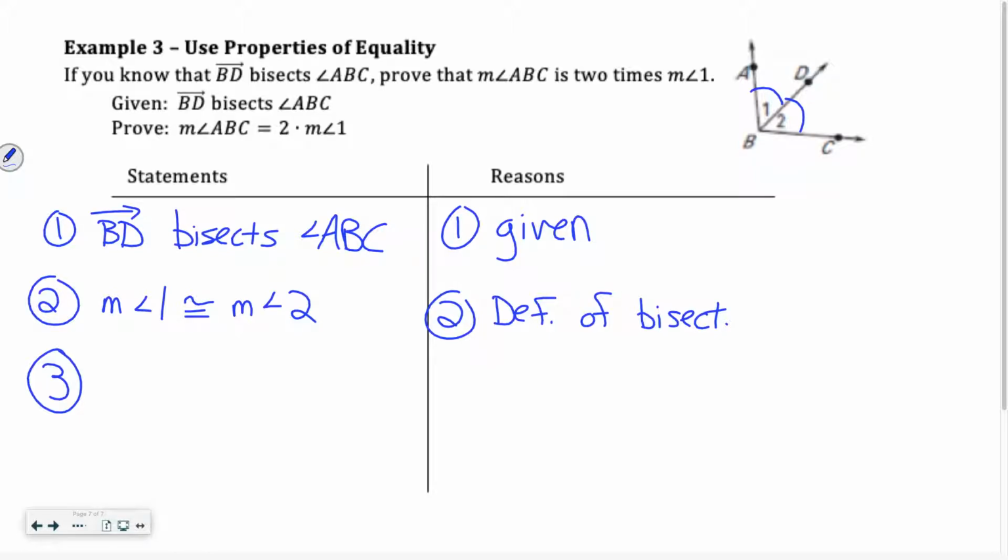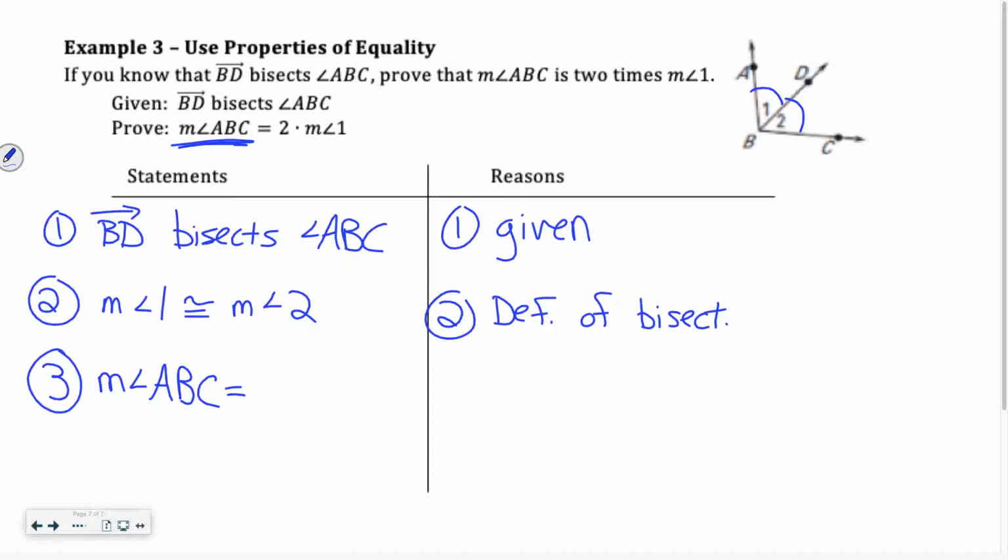Okay, step 3. We're trying to prove something about angle ABC. So let's try to write down a statement about ABC. Because we used step 1, which talked about bisects. We said step 2, bisects means angle 1 is equal to angle 2.